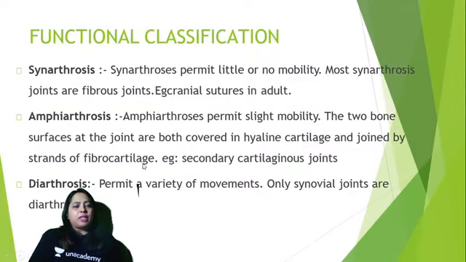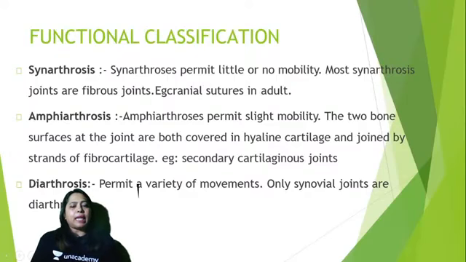The two bone surfaces at the joint are covered by hyaline cartilage and joined by strands of white fibrocartilage. An example you can give is secondary cartilaginous joints. So you can categorize this under secondary cartilaginous joint, but we are excluding the primary cartilaginous joint here because this type of classification doesn't include primary.